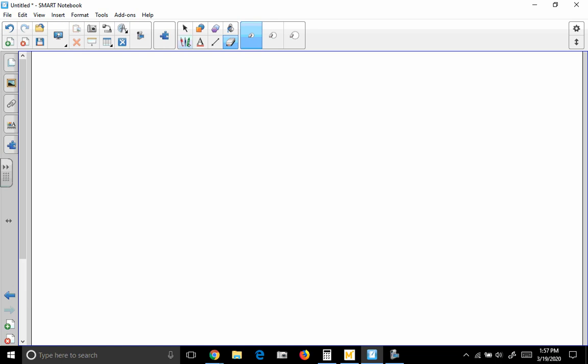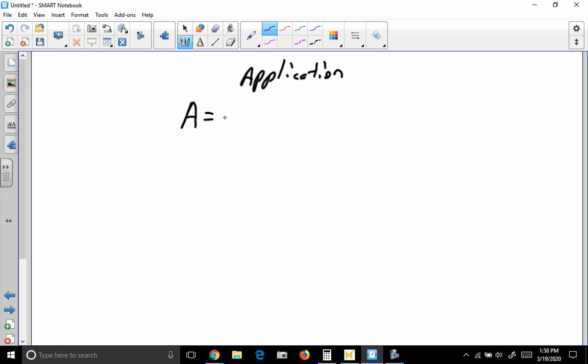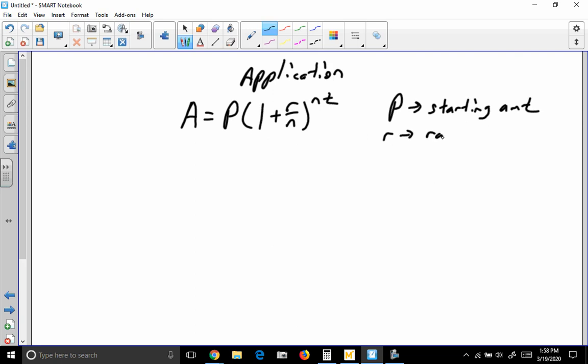So the other thing we want to do in this section is look at an application of an exponential function, and that's compounded interest. The formula we use for compounded interest is A equals P times 1 plus R over N to the NT, where P is our principal, which is our starting amount. R is our rate.